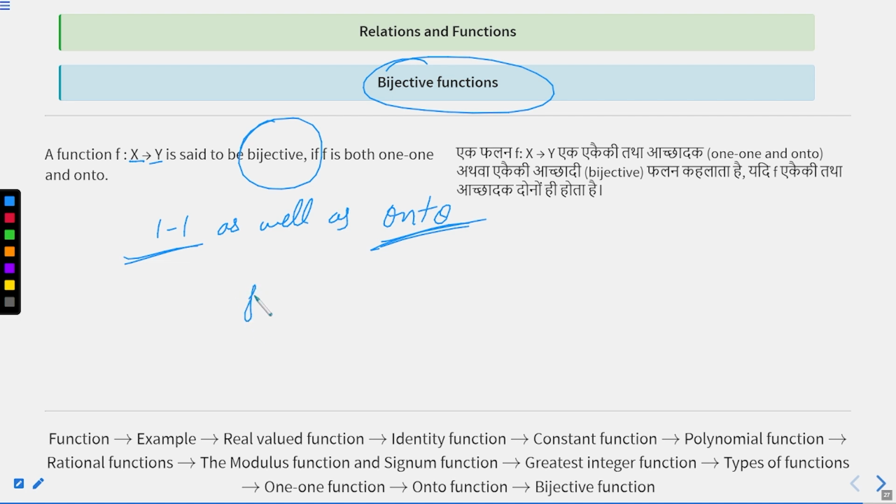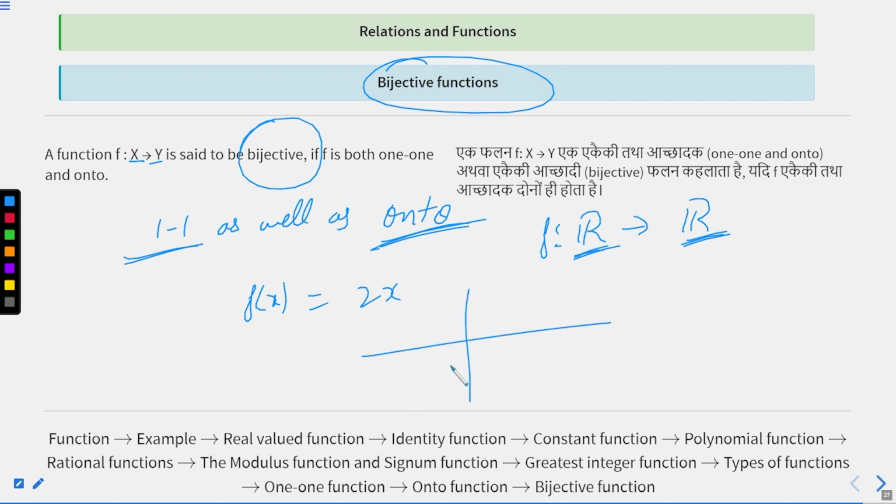As you recall, if you define the function f(x) where f is from R to R, the set of real numbers to the set of real numbers, pictorially you will see that it is indeed one-one and onto, and we already showed this. So this is a bijective function. I hope that's very clear to you.